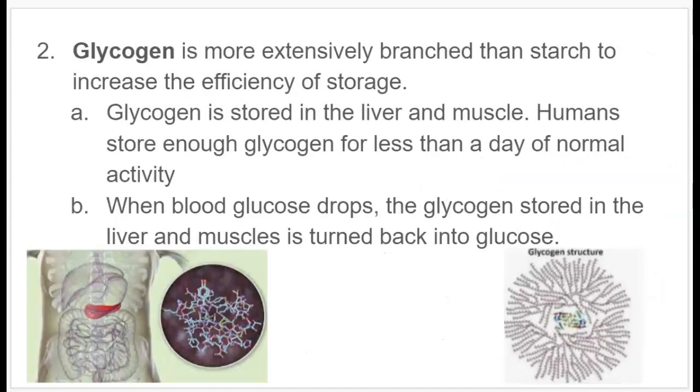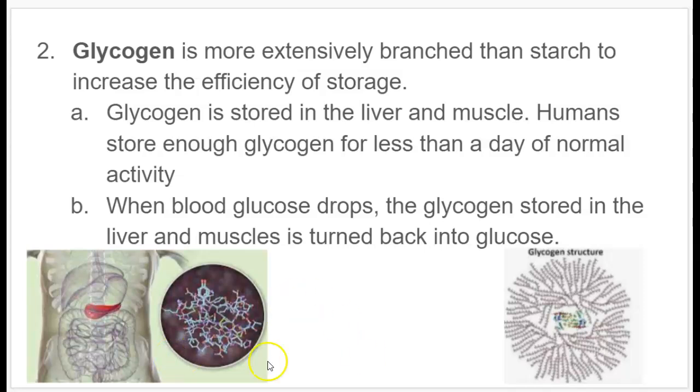All right. Now, glycogen is much more extensively branched than starch, which makes it more efficient at storing energy, because remember, when we have all these branches, that means lots and lots of chemical bonds. And as the body breaks down the glycogen, the energy from those chemical bonds is released and can be turned into ATP.